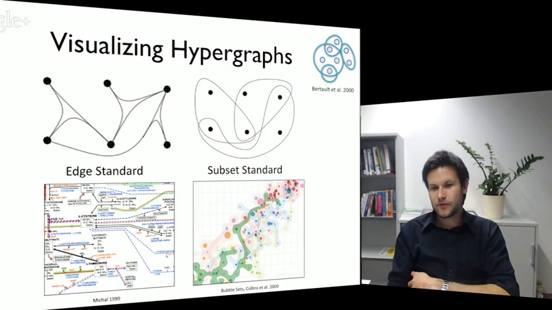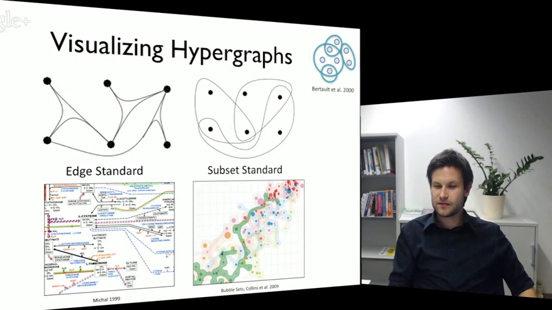And for instance, let's say we have a scatter plot, yeah, and the dots in this scatter plot are different countries. Yeah? And if we want to somehow say all the green dots are states in the US, then we would try to create this region around them, which is the hyperedge. Yeah? And this is called the subset standard.